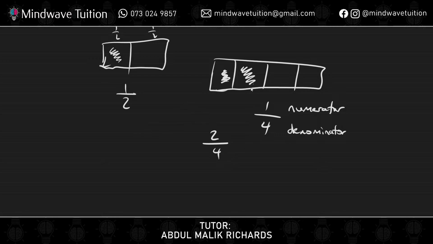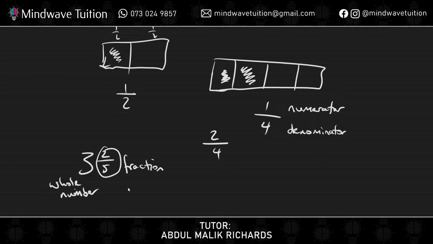2 over 4 would be the amount of colored sections in this block. Now, a fraction can also have a number on the outside, for example 3 and 2 over 5. This is what we call a mixed fraction. Here on the outside this would be a whole number, and this section over here is your fraction.